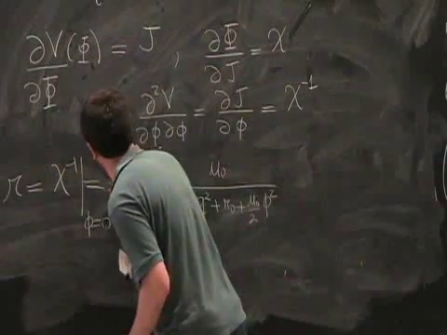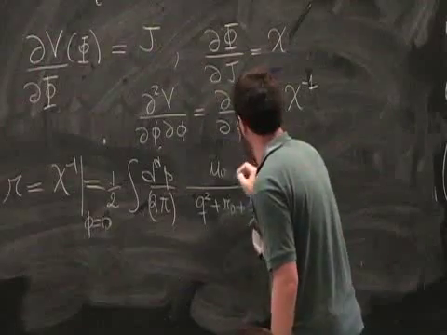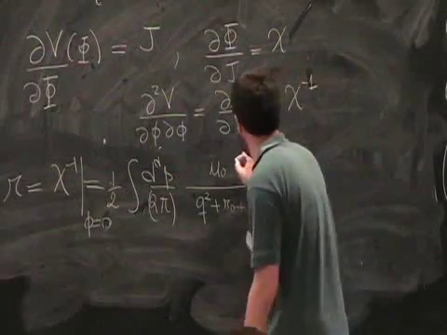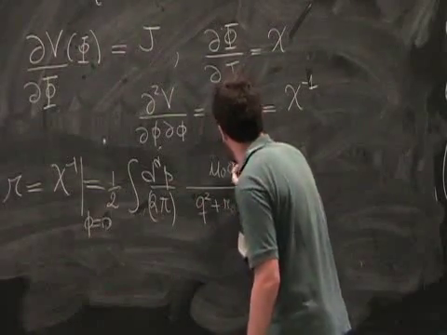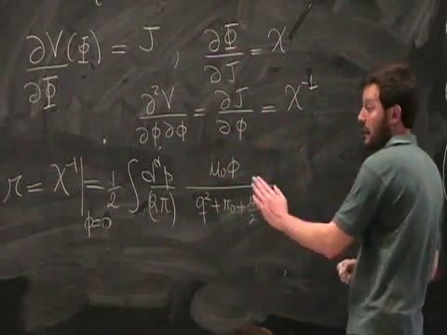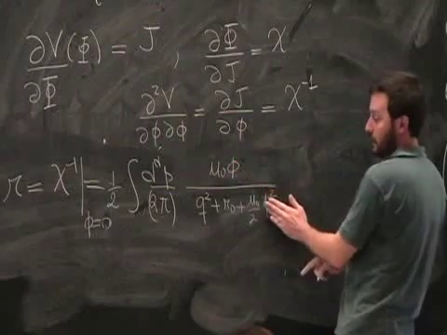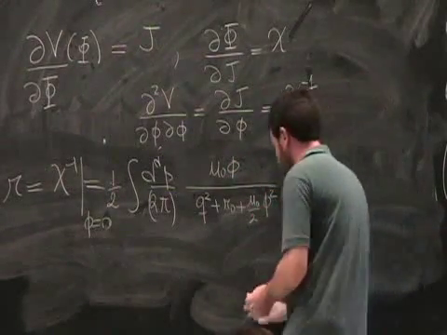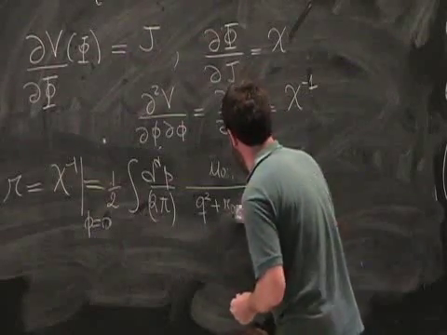There is a 1/2 here. Now that's the first derivative, sorry. If I take a second derivative, I eliminate that phi, and I can put that here. You see?